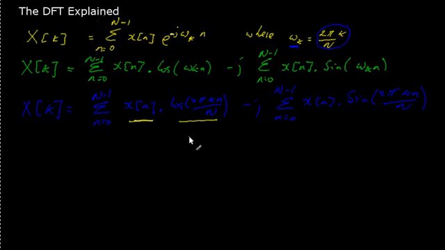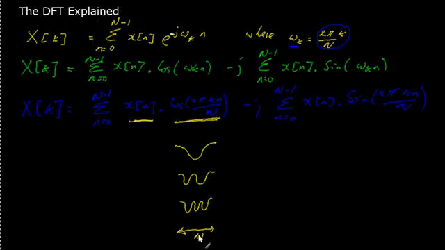A cosine waveform, or this expression, when k is equal to 1, will be a cosine waveform with one cycle over N samples. When k is equal to 2, we will have a cosine waveform with 2 cycles over N samples. When k is equal to 3, we'll have a cosine waveform which is 3 cycles over N samples, and so on. So in each case we have a set of cosine waveforms with an integer number of cycles over the N samples.